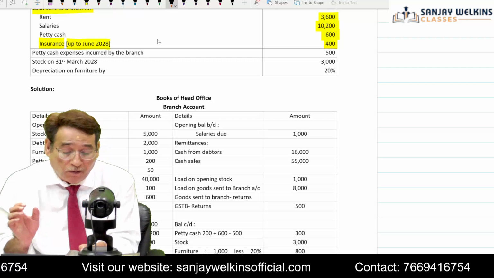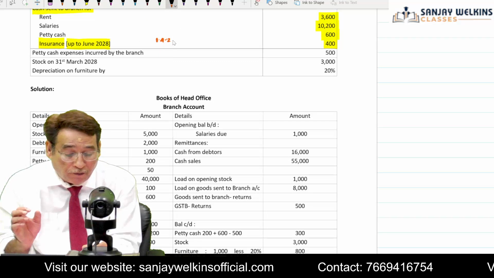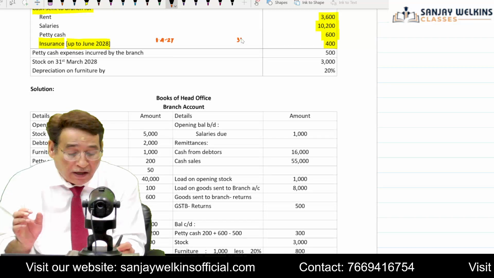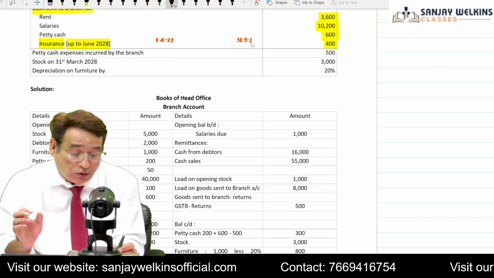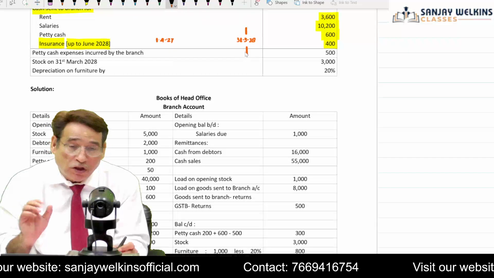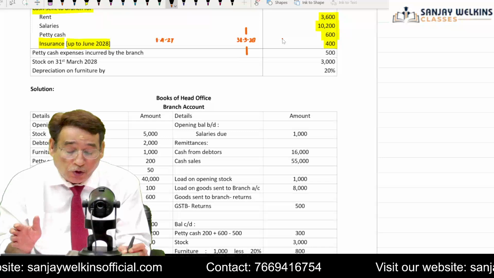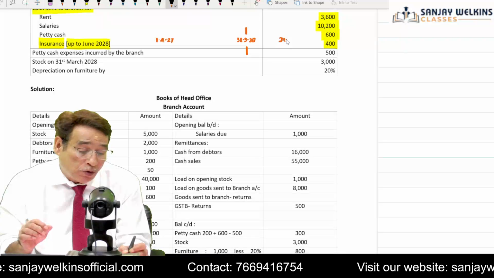What I want to say, actually your current accounting period is starting on 1/4/2027 and it will end on 31st of 3, 2028. So we have to do the accounting till up to this particular date. However, insurance expenses have been paid up to June 28.